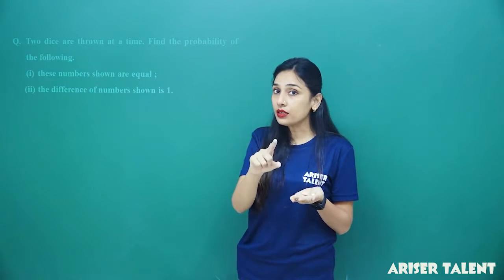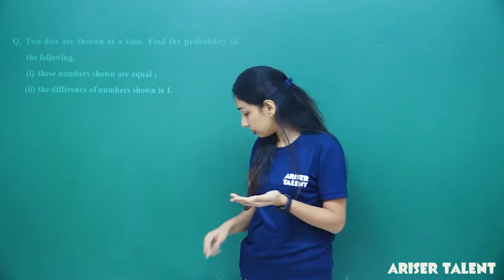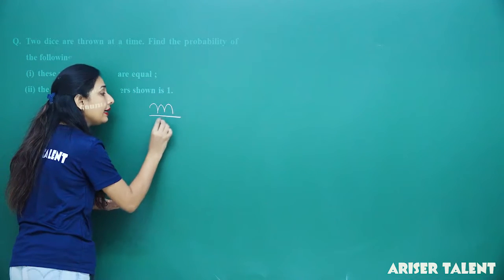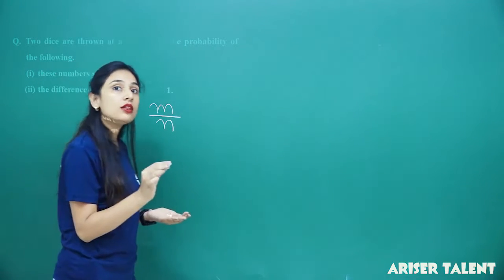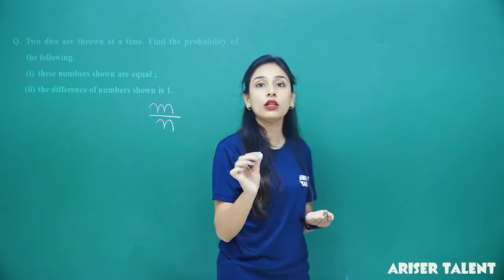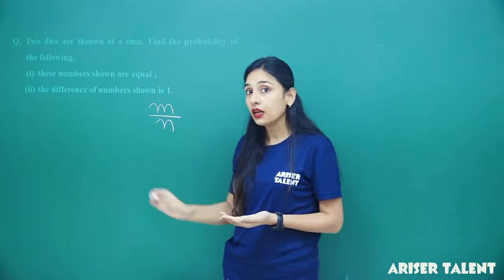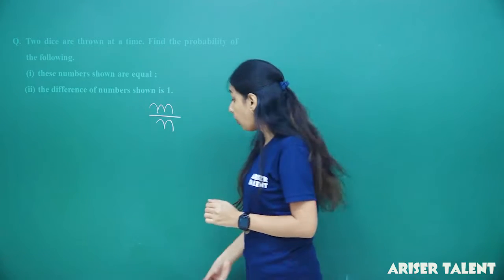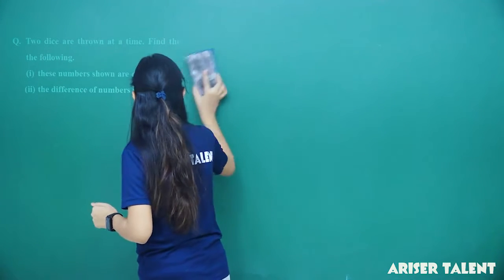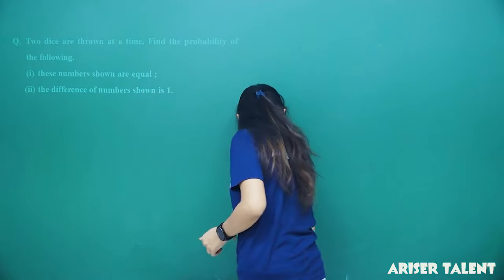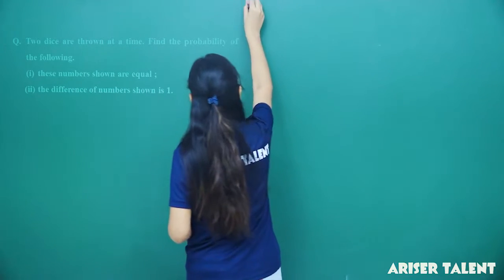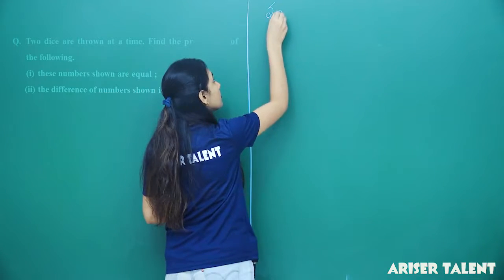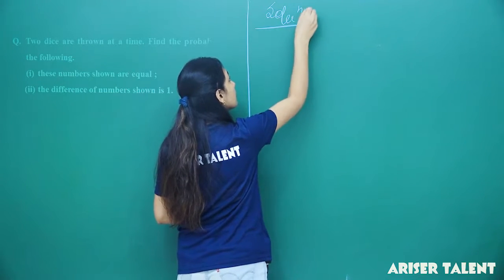So my first motive is to find out the values of m and n, because this is the formula by which I can find the value of the probability, or my answer. So I'll create a line first here, the solution.